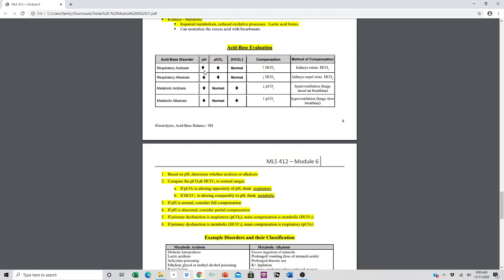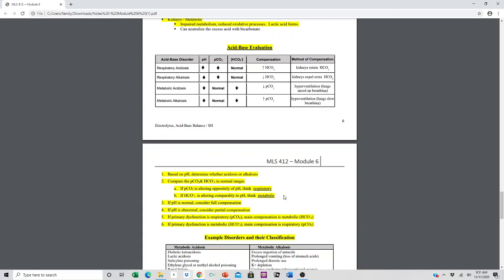So if the pH is going down and the PCO2 is going up, then think respiratory. And see here how with this other respiratory, pH is going up, PCO2 is going down. So in a test question, if the PCO2 is going in the opposite direction of where the pH went, then we're in respiratory. If they give you a bicarb result, and if the bicarb result is going in the same direction as the pH, then think metabolic.